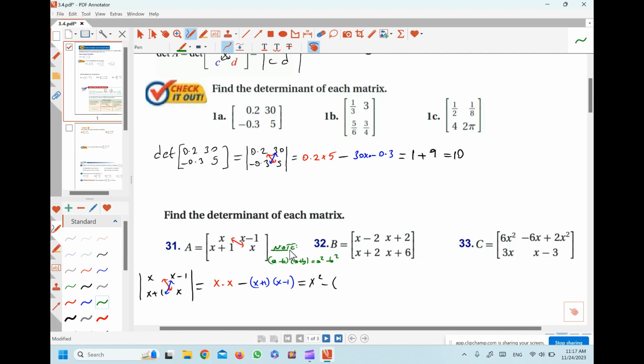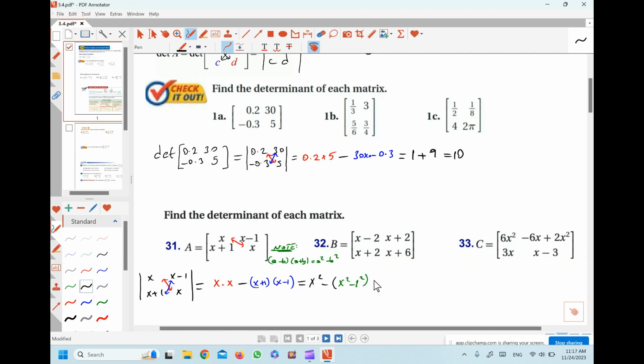If you remember this expansion, you could also see that x plus 1 times x minus 1 is a difference of two perfect squares, the same as x squared minus 1 squared. If you can't remember this, do the distribution the long way: x times x, x times minus 1, 1 times x, 1 times minus 1, and simplify.